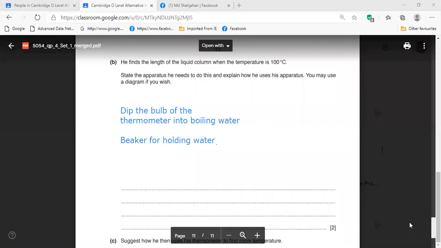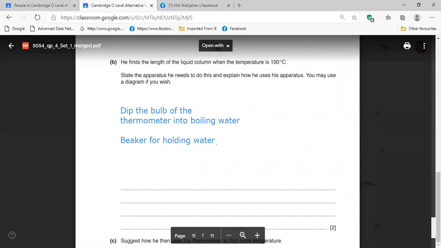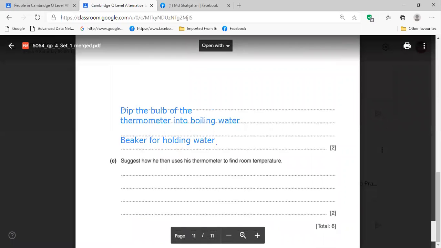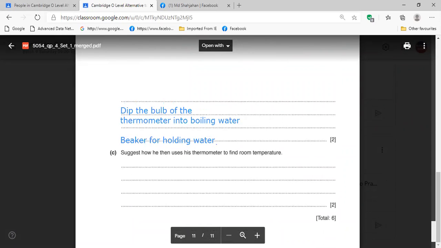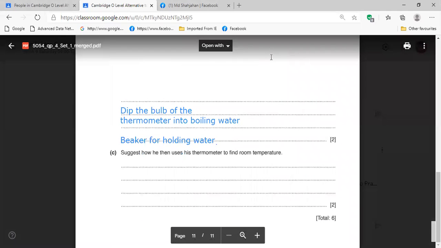Then the next one, the last one. Suggest how he then uses this thermometer to find the room temperature. He must calibrate it.